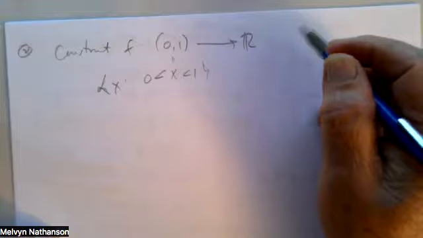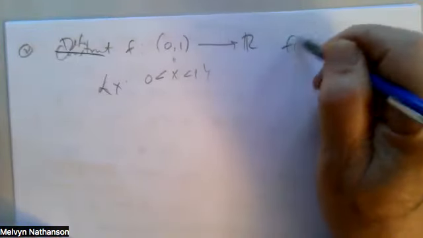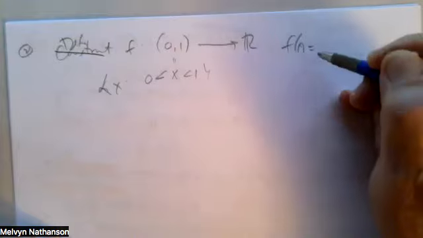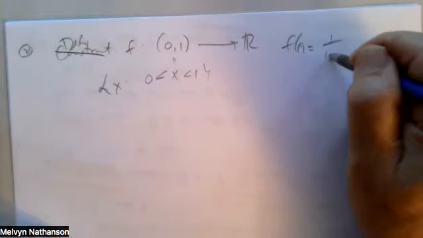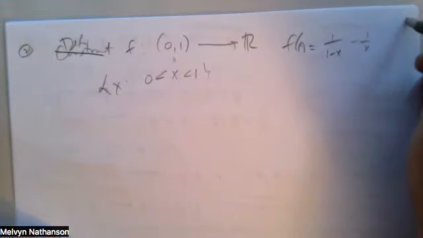And we define this function to be, or define f of x to be 1 over 1 minus x minus 1 over x.